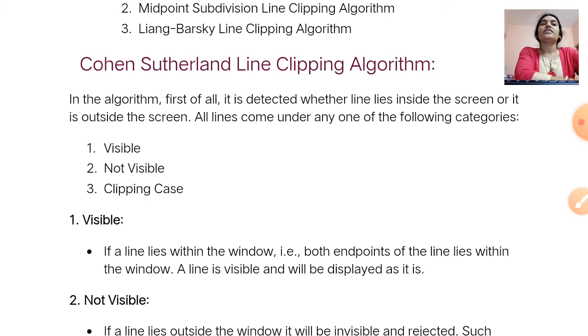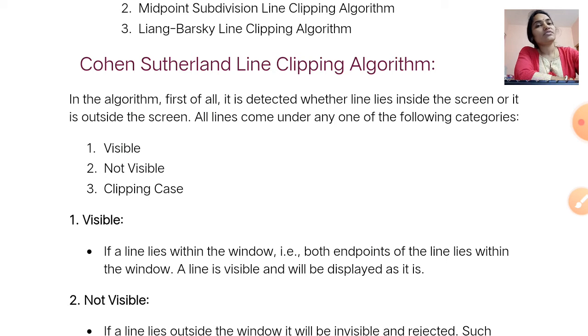If the line is inside, then it is visible. If the line is outside, it is not visible. If some parts are inside and some parts are outside, then it is a clipping case. So three cases are there: visible case, not visible case, and clipping case.